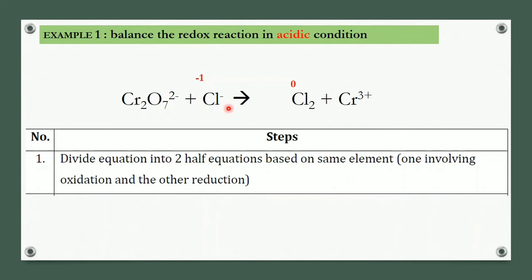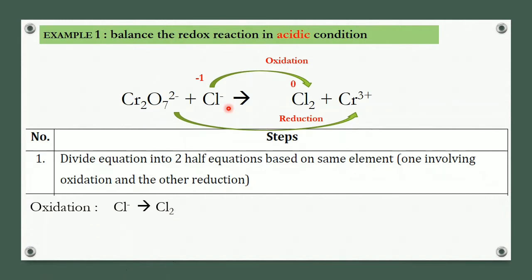So when it loses electron, it means that the chloride ion has undergone oxidation. So if chloride ion undergoes oxidation, it means that my dichromate ion will undergo reduction to become chromium ion. So you write down the half equations based on oxidation and reduction.